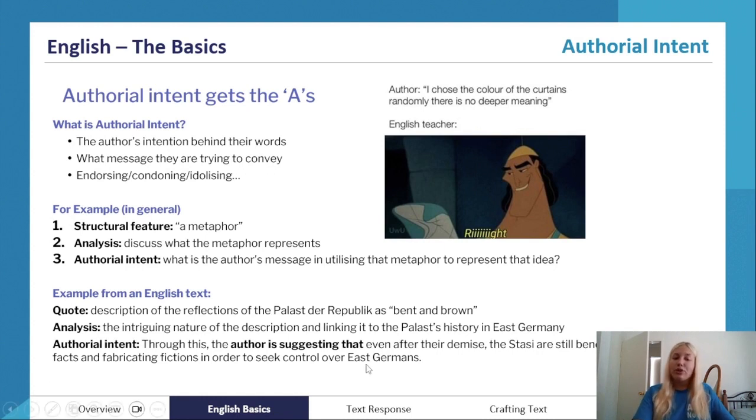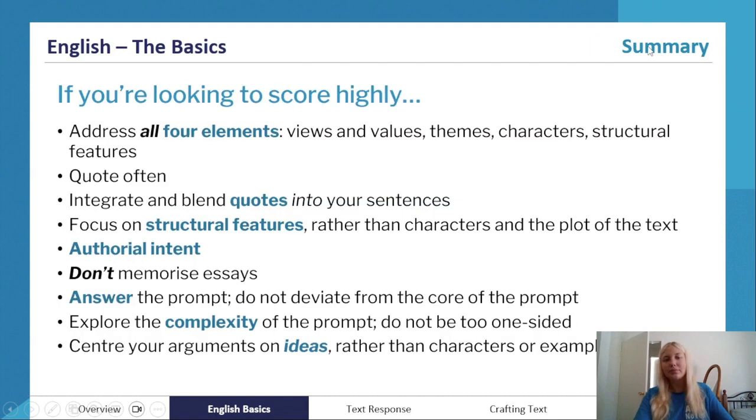We say the author is suggesting that, so we make it clear through our language, last name of the authors plus authorial intent verb, that we're talking about their message, and then state the idea that links into that analysis. And we see this idea links into the sociocultural context that we previously analyzed.